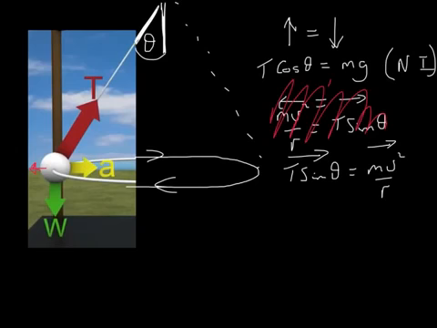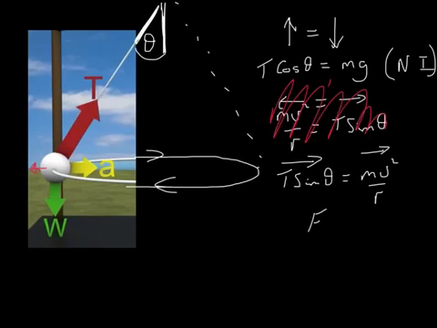So this is F equals ma that we're actually writing down here. So it's really Newton's second law that we're writing in the horizontal direction.